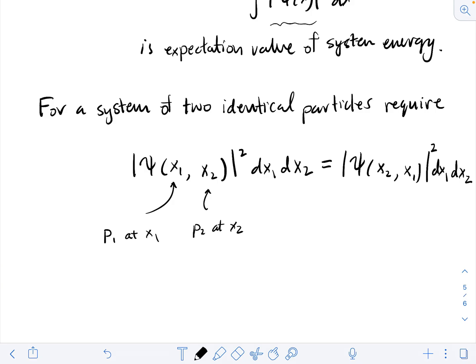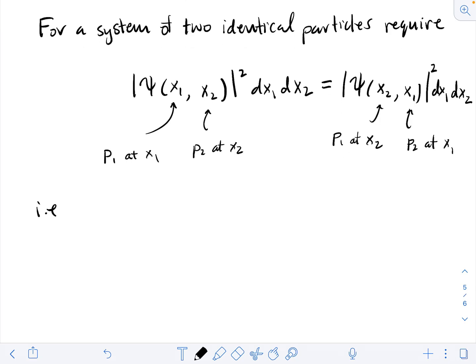And because we said the exchange of identical particles leaves the system unchanged, and we know that physically meaningful properties of the system are determined from the square of the wave function, then the squares of these two different wave functions with only the positions of the particles exchanged must be identical. And so this is particle 1 at x2, and this is particle 2 at position x1.